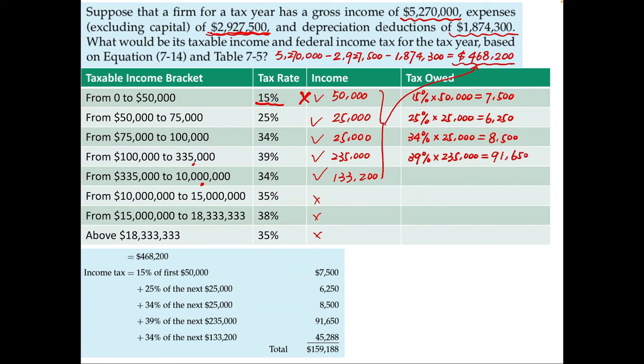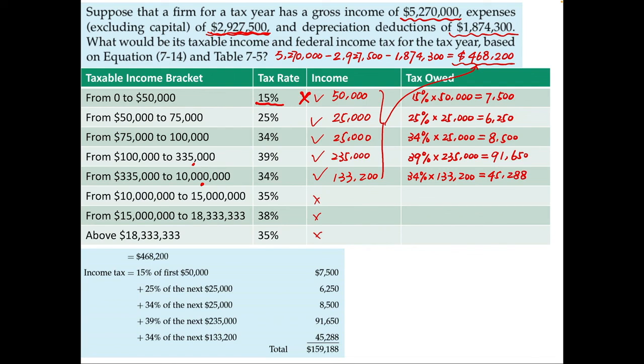which is 91,650. And then the last bracket, you didn't fill it up, but you still have a part of it. That's fine. So it's 34% times 133,200, which is 45,288.